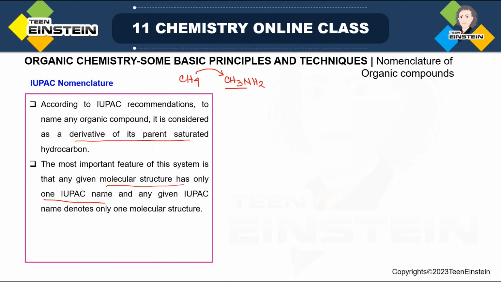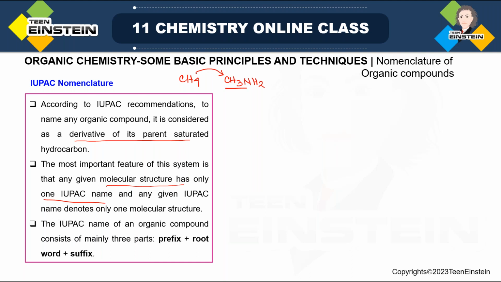It is not that from a particular name you can draw 3 to 4 structures. No, it is not like that. Whether the name is given and you draw the structure, or you already have the structure and you write the name, it is always one to one.